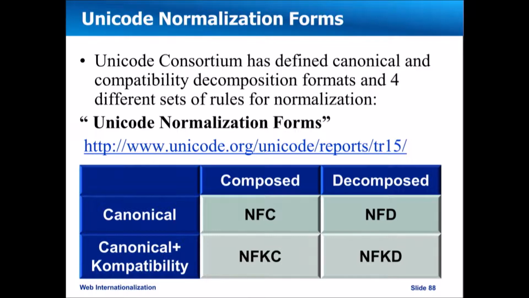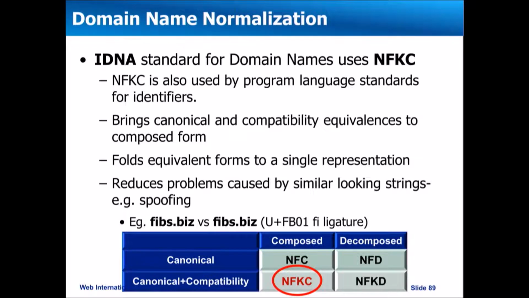On the other hand, maybe I also want to make all the compatibility characters look the same, and either composed or decomposed. So Unicode said, well, we can have all four forms: normalization form C and D, composed, decomposed, or compatibility composed and decomposed. And they each have their different uses.